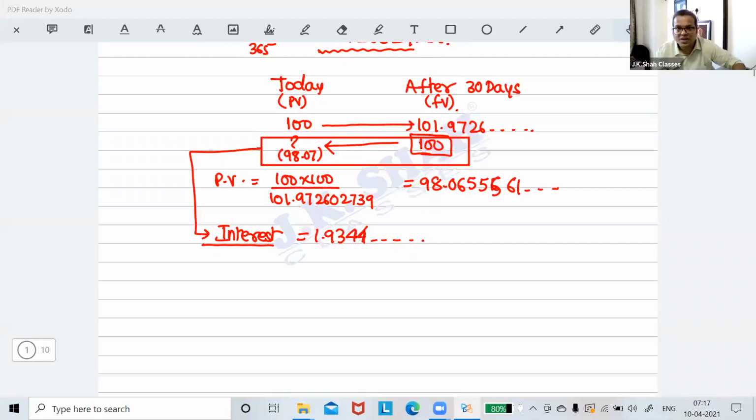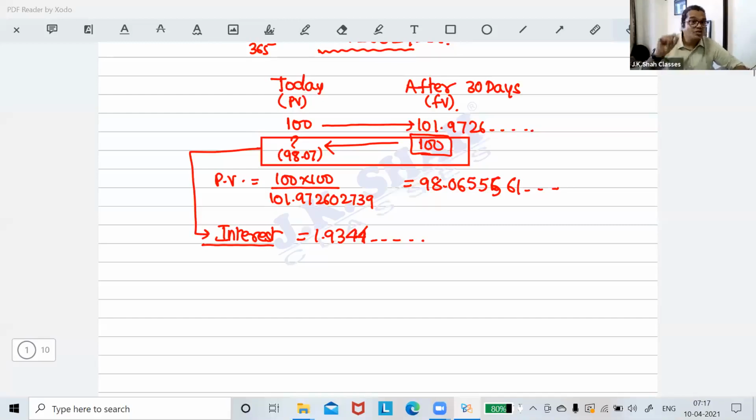Did you understand? That's why I took this future value as 100, so it gives you the answer directly in terms of percentage. Our system is that we want to charge 24% per annum. So according to our calculation, 100 should become 101.9726 and so on. If 100 is what is to be paid in future, what will be today's value?